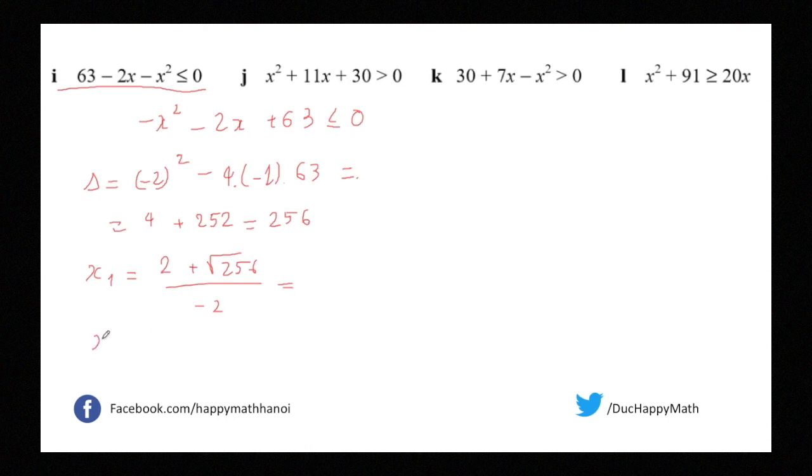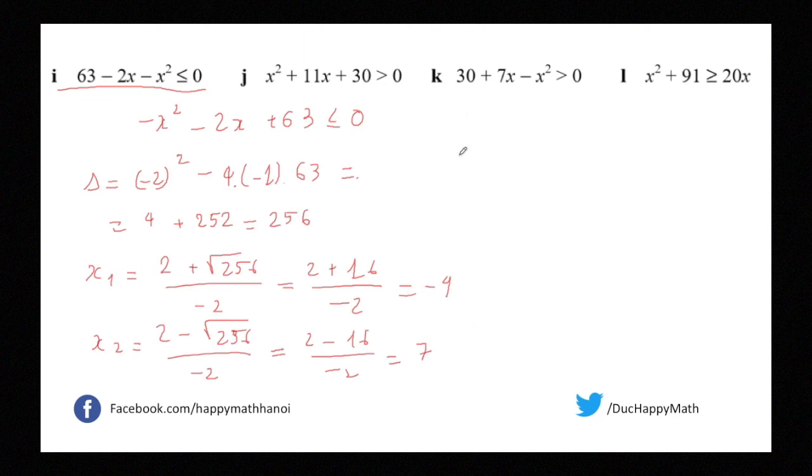Okay. x2 will be 2 minus the square root of 256. Here b is minus 2. So we have 2 plus 16, because the square root of 256 is 16. And divided by minus 2 means minus 9. And 2 minus 16 divided by minus 2 will be equal to 7.